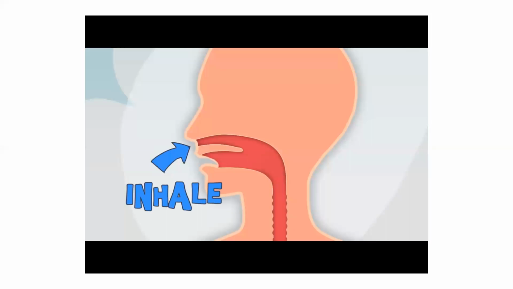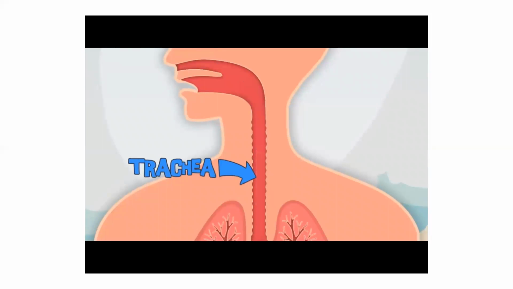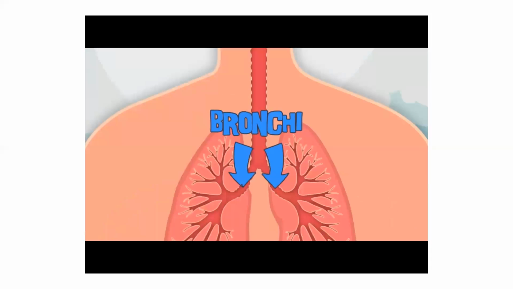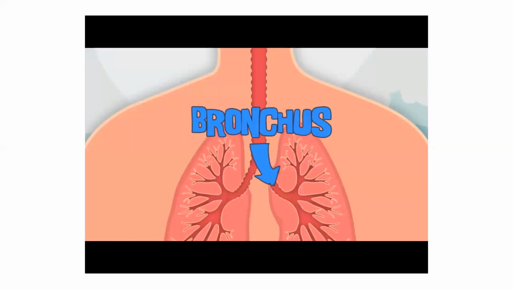When you inhale, air comes into your nose or mouth, and then down your windpipe, also called the trachea. At the end of the trachea are two large tubes called the bronchi. They lead to two large organs responsible for breathing, called lungs. One bronchus goes to the left lung, and the other one to the right.